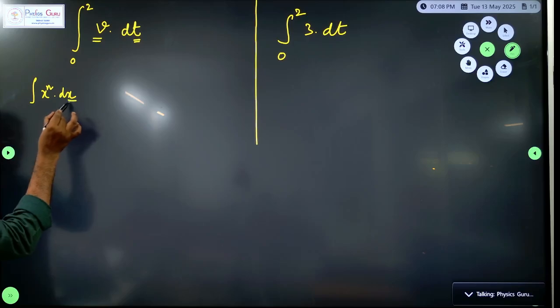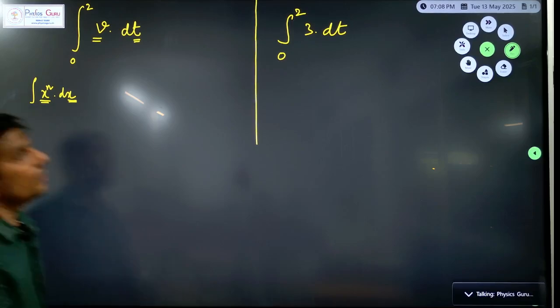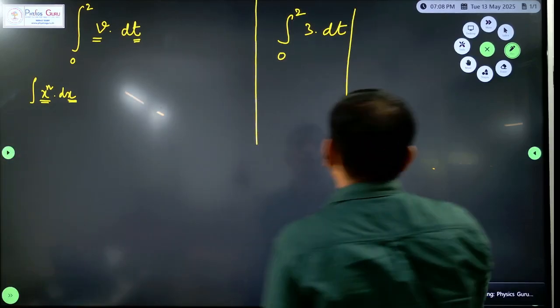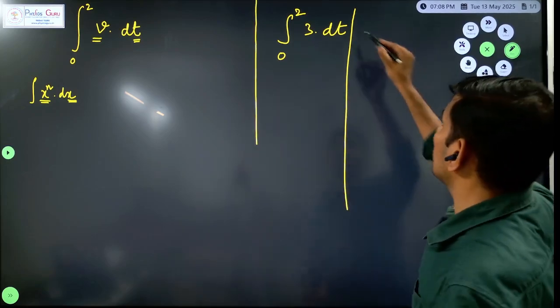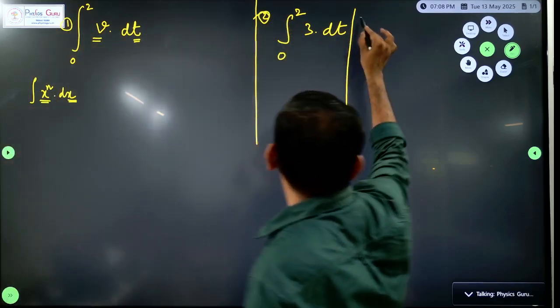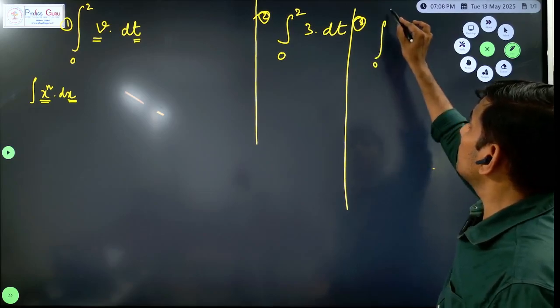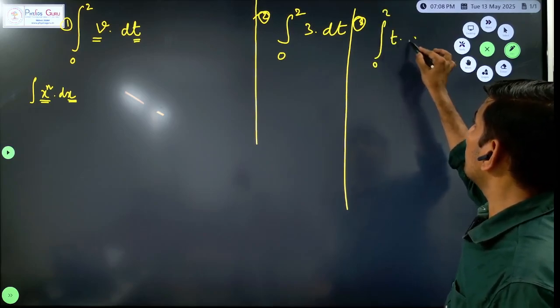So here x, here also x. Am I right? These two quantities are different. So to compare it, I'll give you another third example. So this is example number 1, example 2, and example 3, integral of 0 to 2 t dot dt.